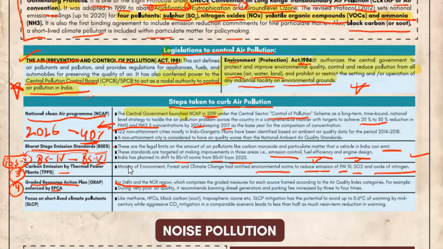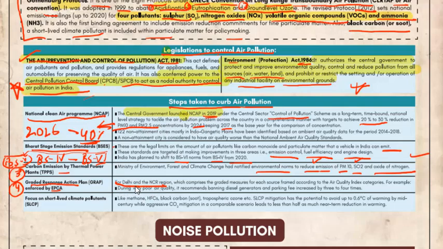Like in the first stage, if the pollution is going to a poor level, what steps will the government take, in the second stage what it will take, and then in the third stage. The government has already planned, like the stoppage of diesel vehicles and diesel generators, and parking fee increases. These are the steps taken by the government with the increase in pollution. So it is graded: if the pollution level increases from poor to severe, how the government will change its policy. Let's see what is given.